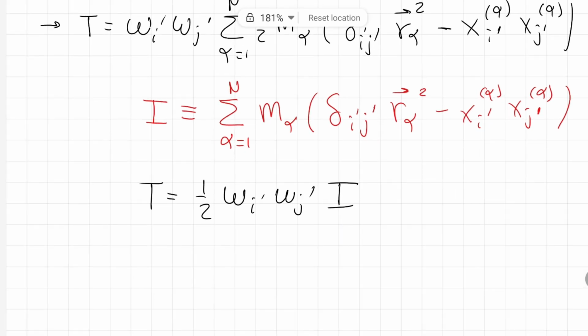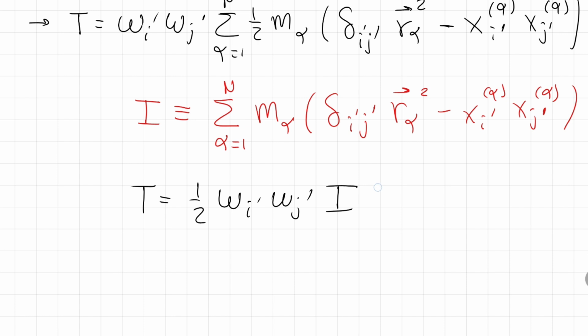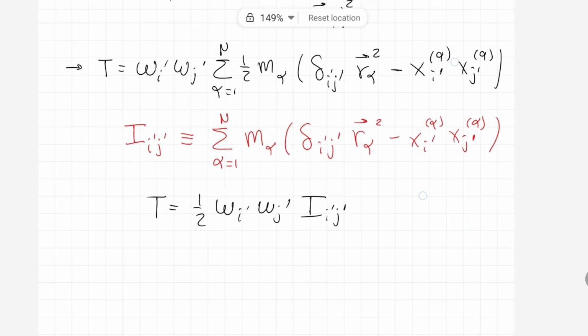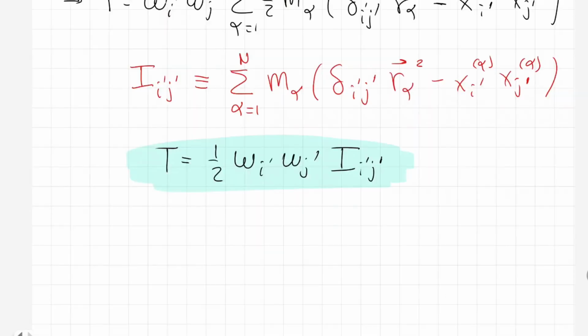And the book remarks that this inertia tensor is defined for the indices i, j. That's important, okay? So again, we will need to write this here. Okay, perfect. So that will be the formal definition of the inertia tensor for a rigid body, and the kinetic energy of that rigid body is given by this expression over here.